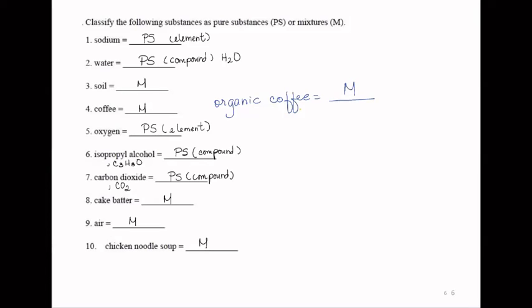I have a question. Yeah, go ahead, Vanessa. So isopropyl alcohol is a pure substance, but the regular one that we use at home is a mixture, but isn't it just a variation of the different amounts of the same substances?